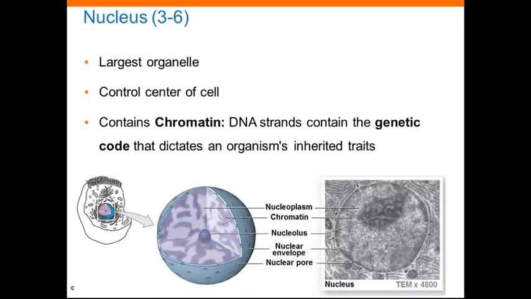Probably one of my favorite organelles, and the largest, easiest to be seen with a light microscope, is the nucleus. And so the nucleus is often called the control center of the cell, meaning that it dictates cell function and structure by controlling protein synthesis. The nucleus is separated from the cytosol by a nuclear envelope, so its membrane has a very special name, nuclear envelope, and is a double membrane that surrounds the nucleus and has nuclear pores.